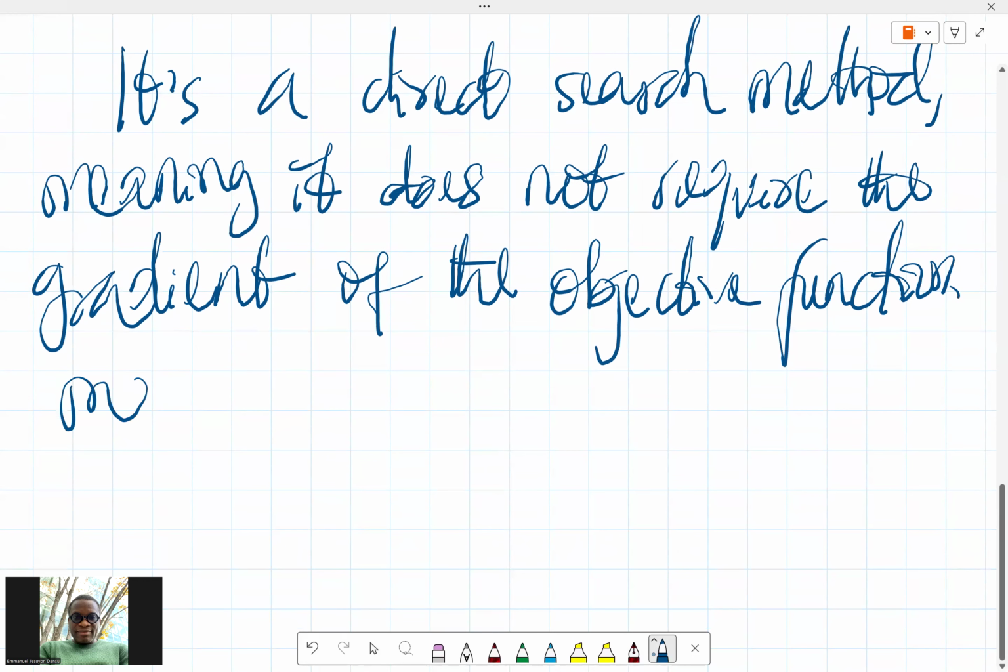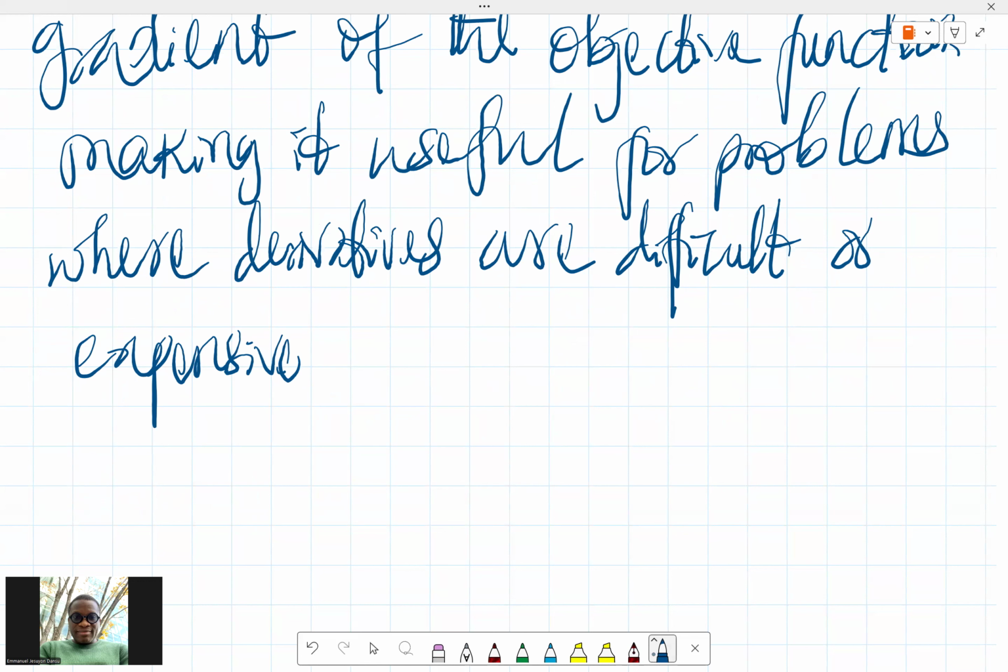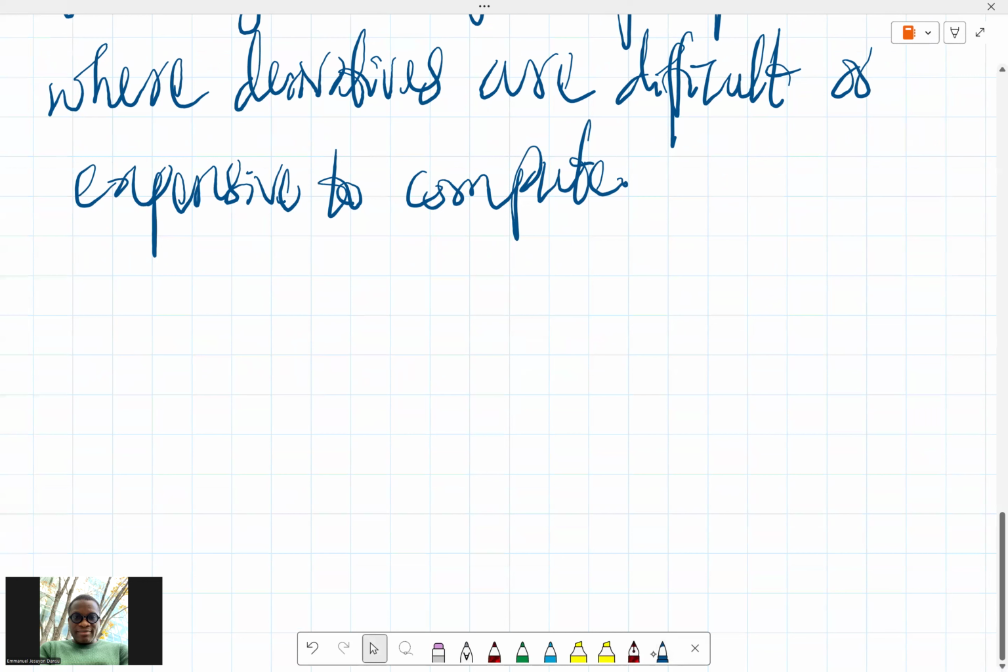So if you have functions that are not so easy to find their derivatives, or the derivatives don't even exist, we can use the Nelder-Mead method. Let's see how the Nelder-Mead method works.